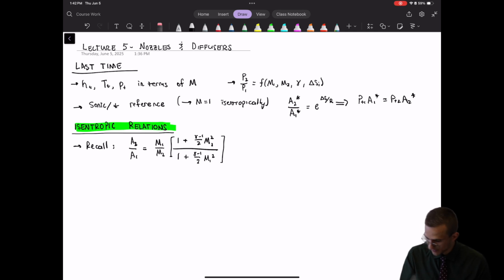That entire quantity raised to the power gamma plus 1 over 2 times quantity gamma minus 1. All that multiplied by e to the delta S over R.